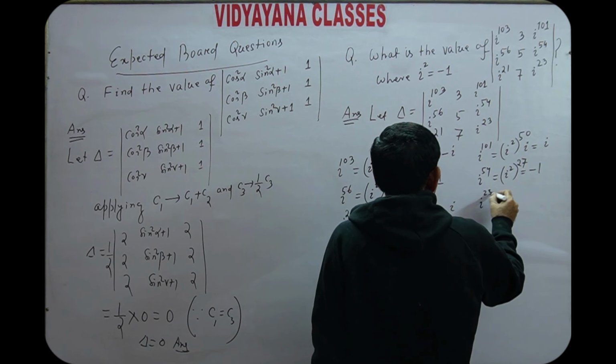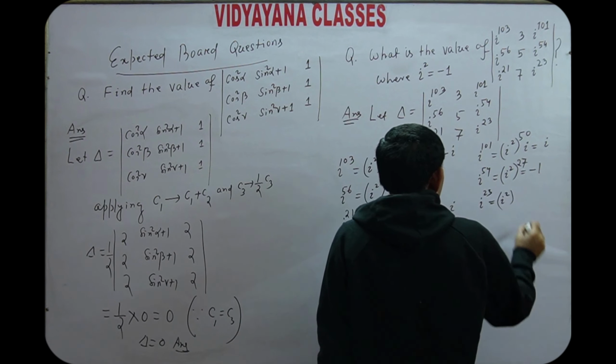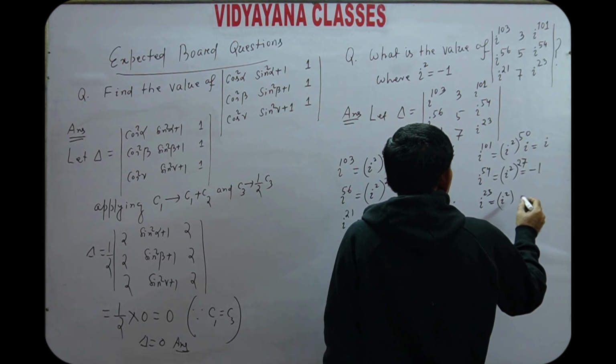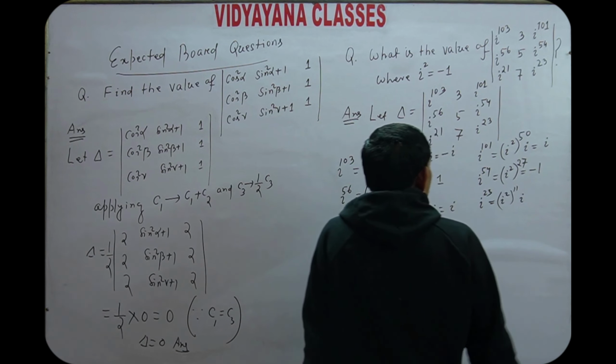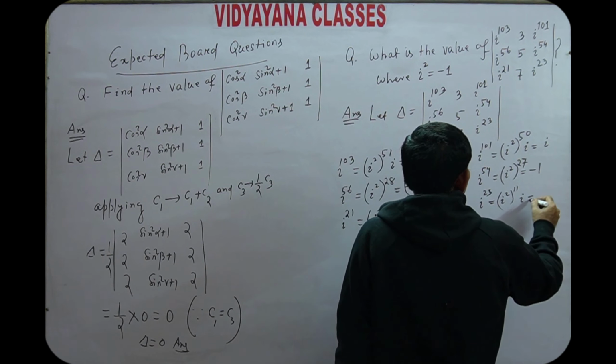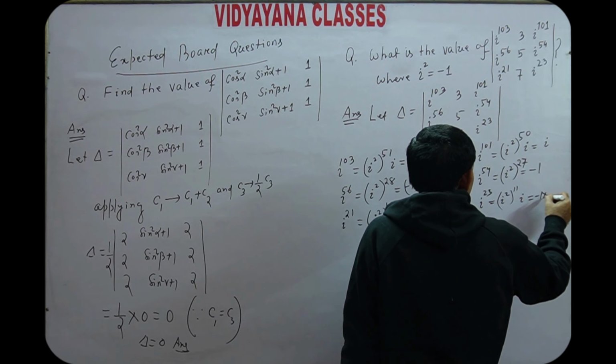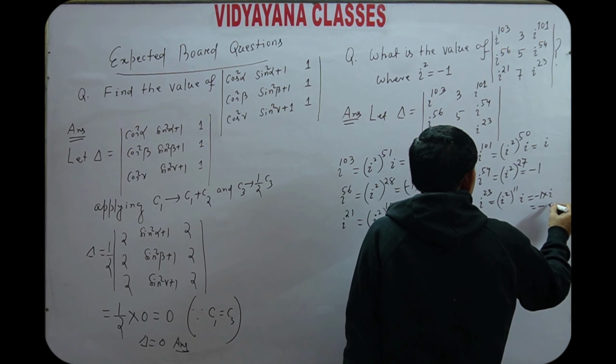Iota to the power 23, which is equal to iota square to the power 11 into iota, which is equal to minus 1 into iota, which is equal to minus iota.